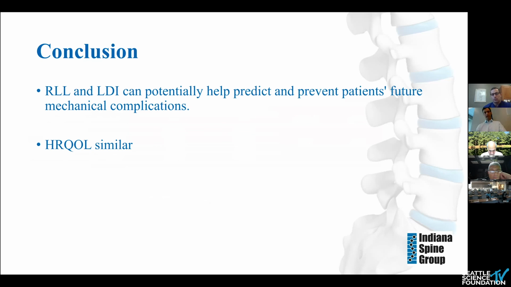And so conclusion, so I think this is a step in the right direction in terms to better quantify what our parameters are, and they can help us predict and prevent patient mechanical complications in the future. I think comparing the old Schwab criteria, a lot of these quality of life measures really are very similar, both being statistically significant.